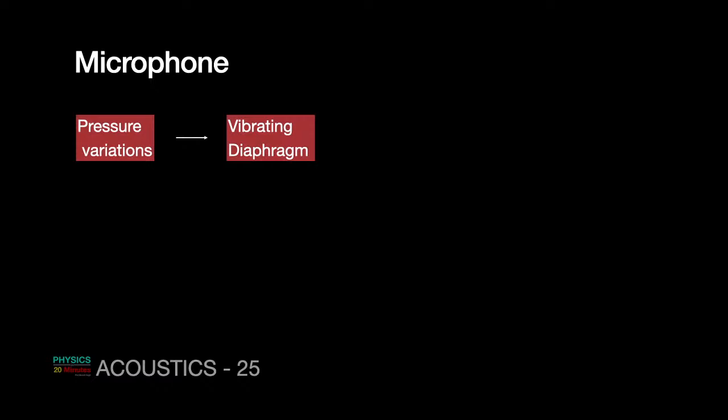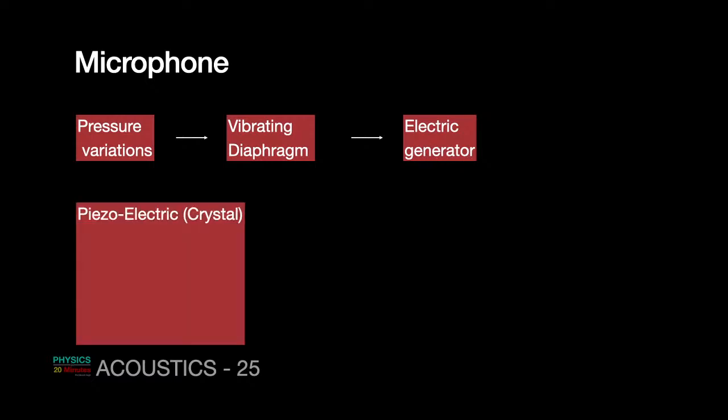Diaphragm material determines how fast or how quick the diaphragm can vibrate, what is the frequency response, what is the amplitude, etc. In general, heavier materials will not vibrate very quickly, while the lighter materials can vibrate very fast. And then that leads to the electric generator.